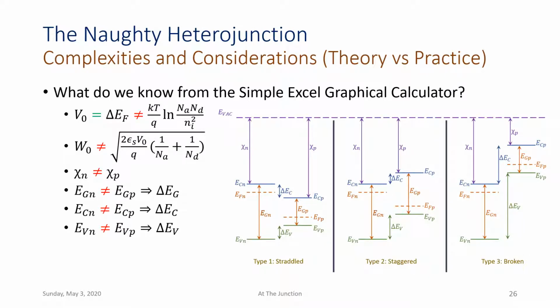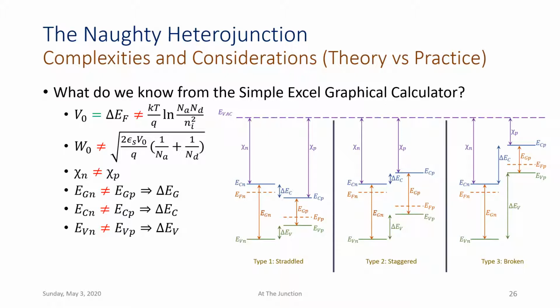Now we move to heterojunctions. And we know from the Excel calculator that at the junction we would have fixed ions that form charges and a charge density.